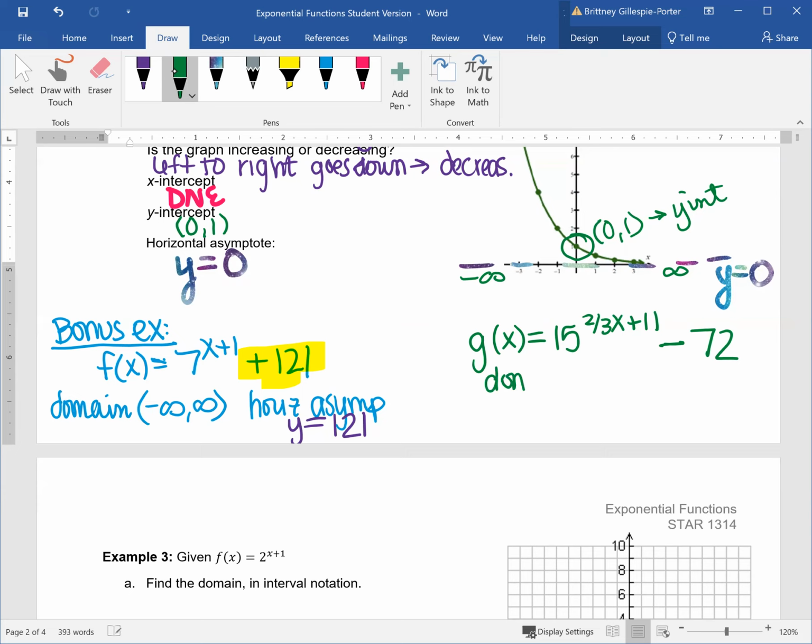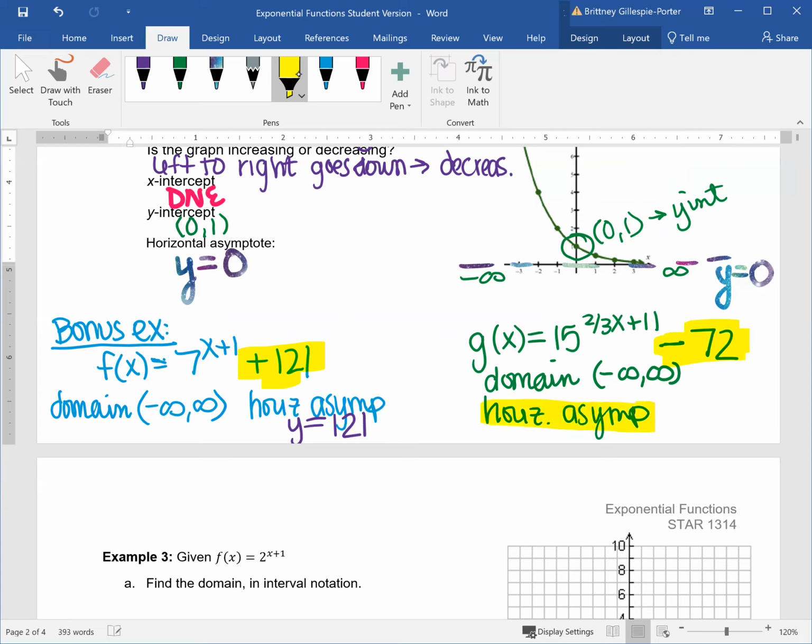That means our domain is immediately negative infinity to positive infinity. And if we're looking for our horizontal asymptote, we need to look at what we're adding or subtracting after the base, after the exponential piece. So our horizontal asymptote in this example is y is equal to negative 72.